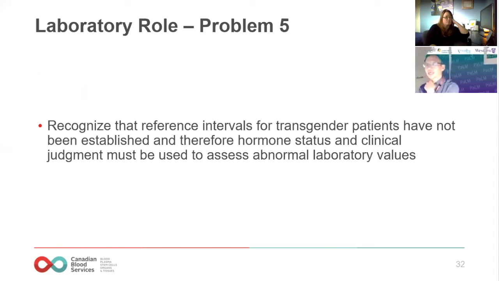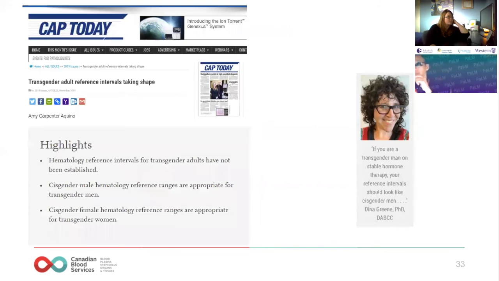So you need to recognize that reference intervals for transgender individuals may not have been established, and therefore hormone status and clinical judgment must be used to assess abnormal laboratory values. Interestingly enough, Dina Green, who I mentioned earlier, has done a fair number of studies looking at reference intervals for the transgender population.